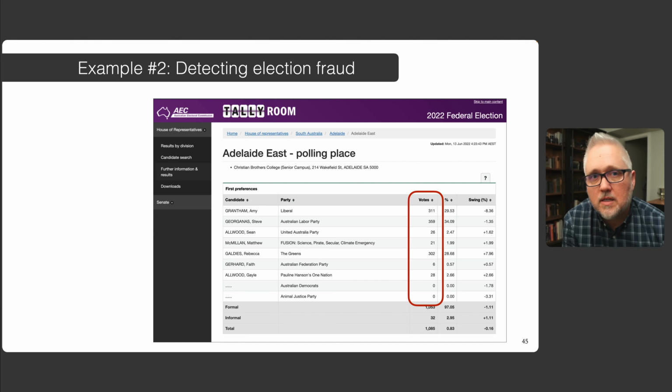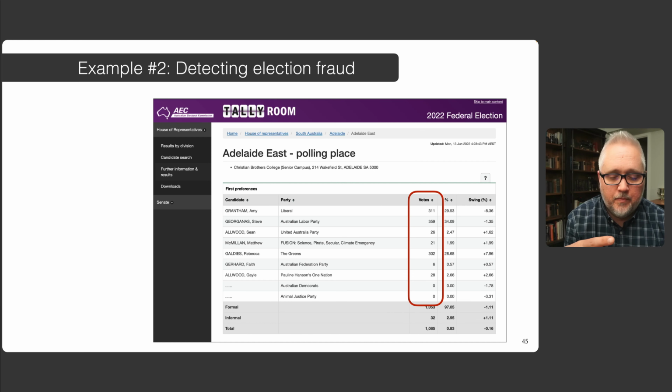What is important when looking at these, and what some creative minds did when looking at the polling results, is saying, okay, there are 10 possible last digits in each one of these different numbers for the number of votes.